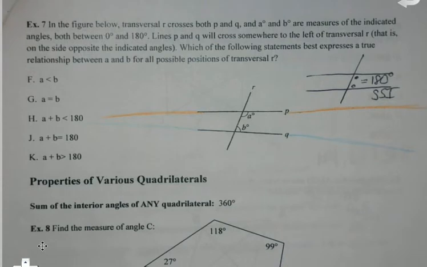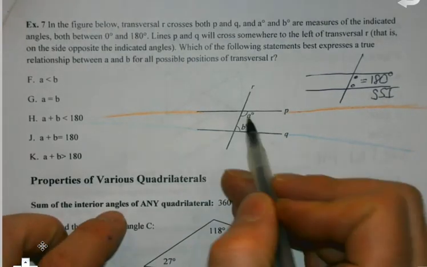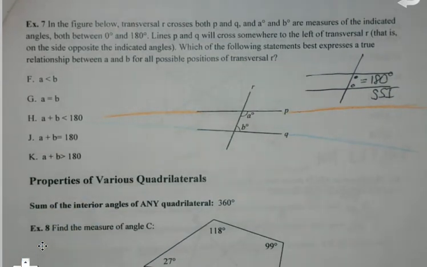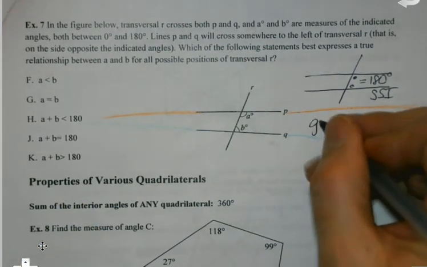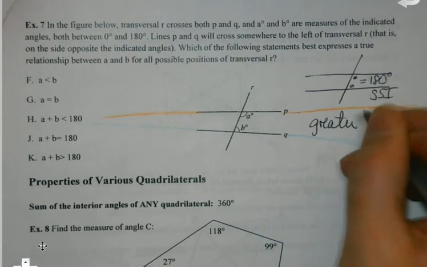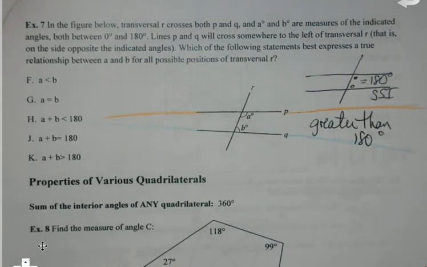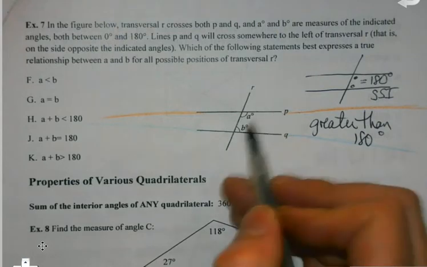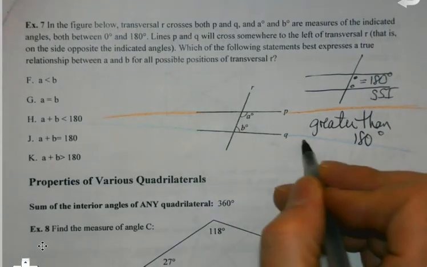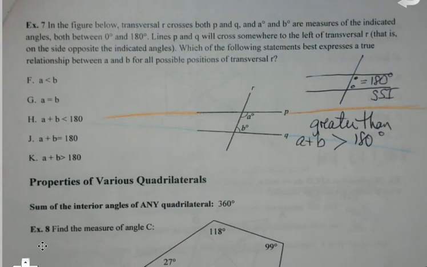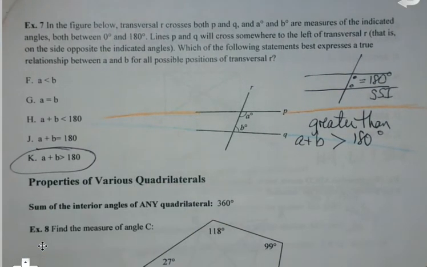Okay, well, what does that mean? Well, basically what that means is, if this would have been 180 going straight and it's getting bigger, it means this has to be greater than 180 degrees. So if these two together are greater than 180 degrees, that would end up being K.